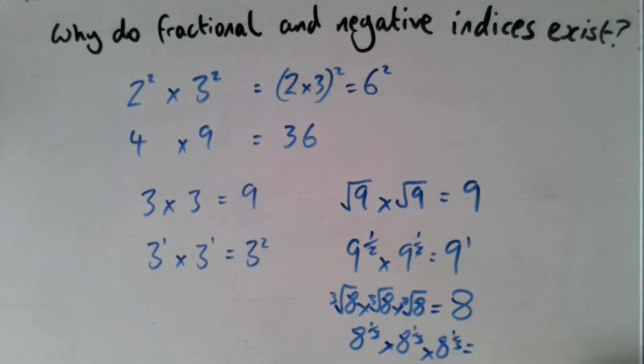And then we get 8 to the 3 over 3, which is 8 to the power 1. And it continues to work on when we've got more interesting fractions that don't just have a 1 on the top. Now, I hope that helps you make a little bit more sense of what's going on with all the other stuff that Mr. Cooper is going to take you through on the following videos.